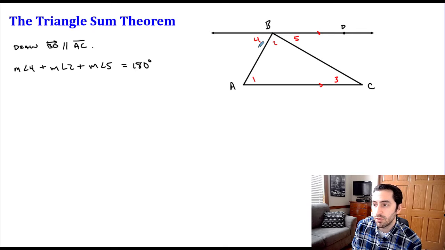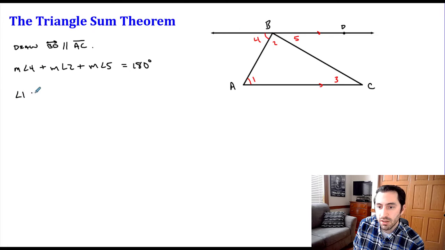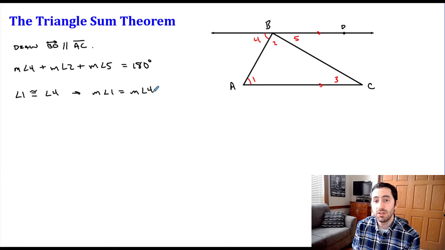Angle 1 and angle 4 are alternate interior angles, and because they're between parallel lines, they have to be congruent. So angle 1 is congruent to angle 4, which also means that their measures are equal. So the measure of angle 1 is equal to the measure of angle 4. That's just the definition of congruency.